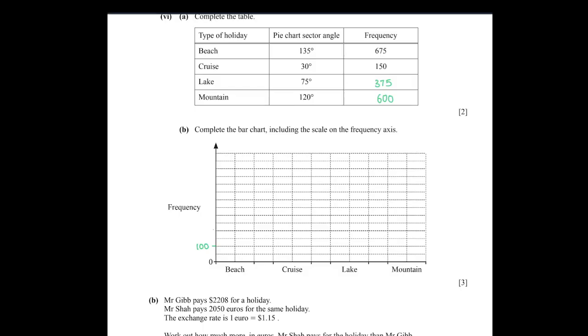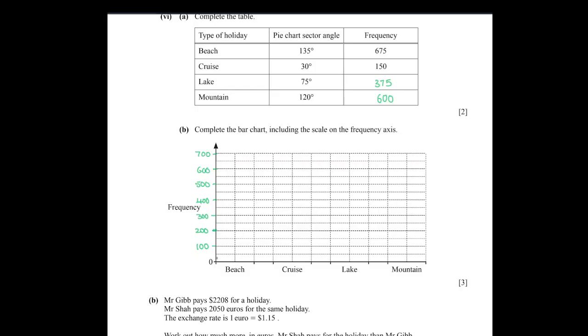Then take two more boxes like this. This is 200, then 300, next is 400, next is 500. Our marking should be up to 700 because 675 is the highest, so our marking should be more than that, so 700. So I think this is fine.